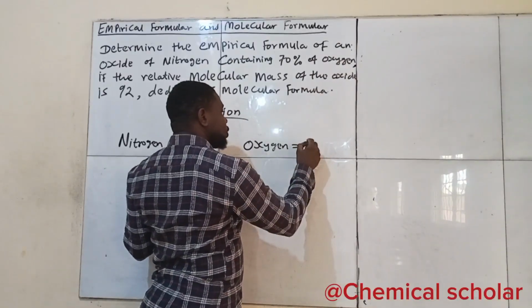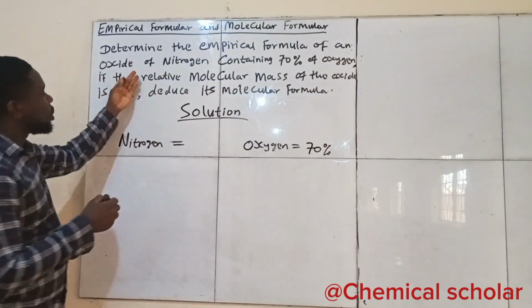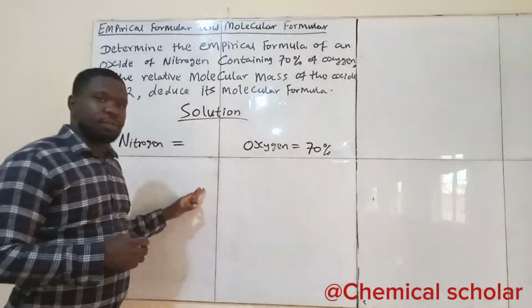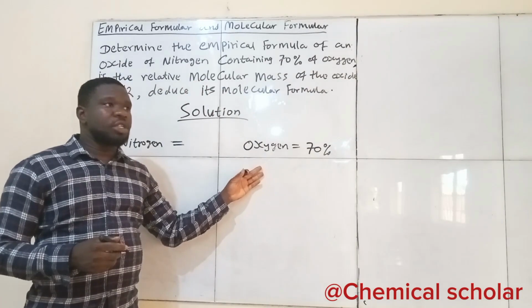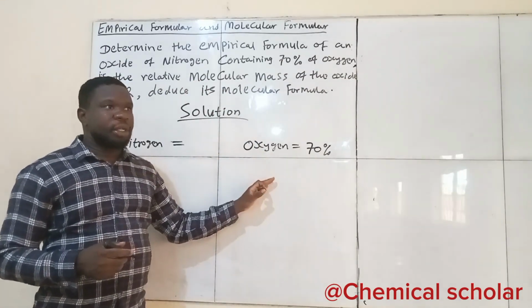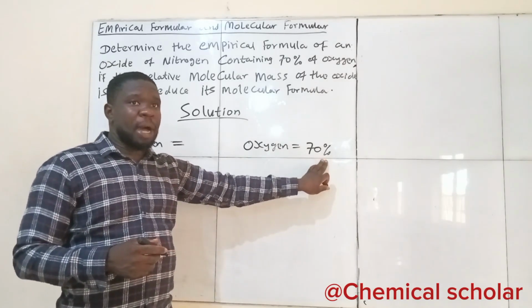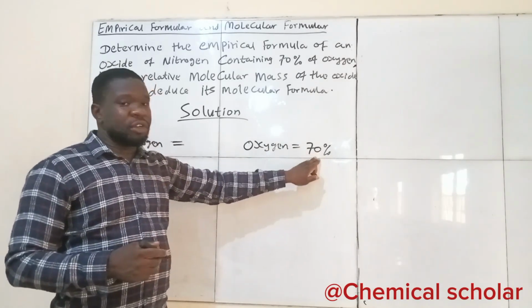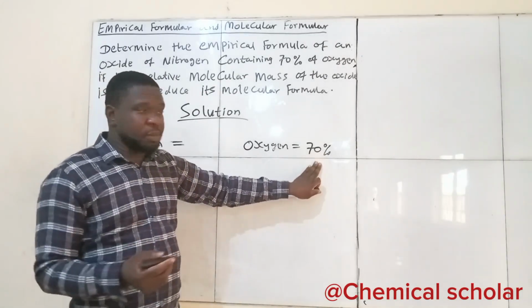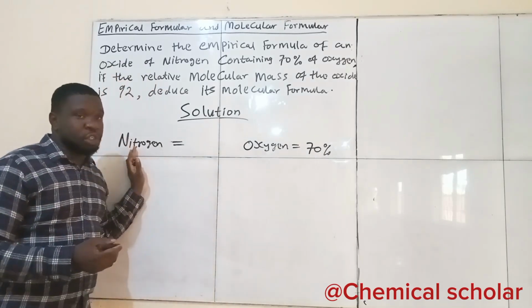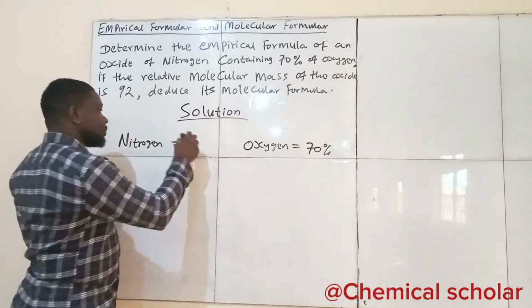Percentage composition of oxygen is equal to 70%. But we are not told the percentage composition of nitrogen. Since this compound only contains oxygen and nitrogen, and oxygen already is 70%, the remaining portion of the compound will be nitrogen. You can only get 100%, so 100% minus 70% will give us 30%. So the percentage composition of nitrogen will now be 30%.